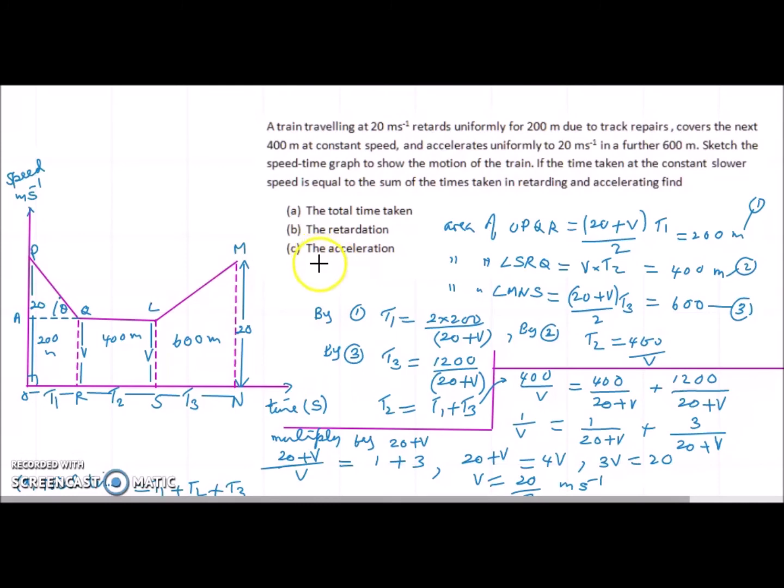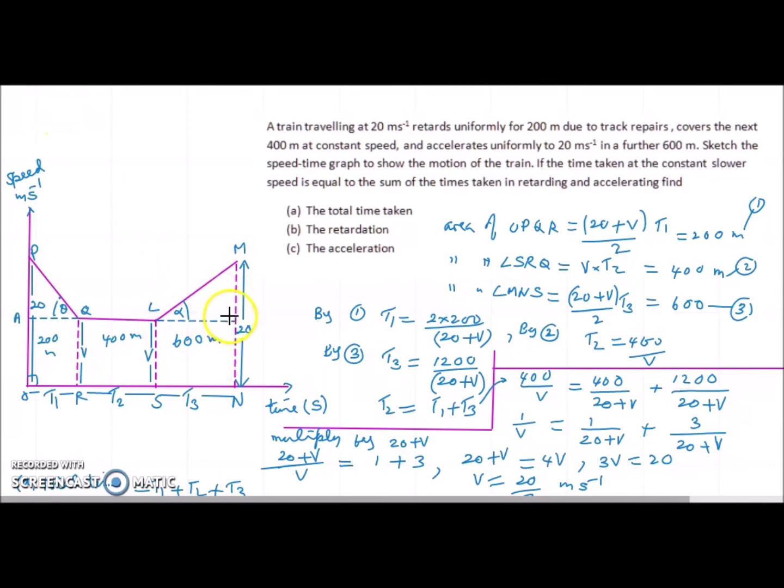In part C of the problem, we have to find the acceleration of the train. Now I produce this line. Let this angle be alpha. Then the acceleration is tan alpha.